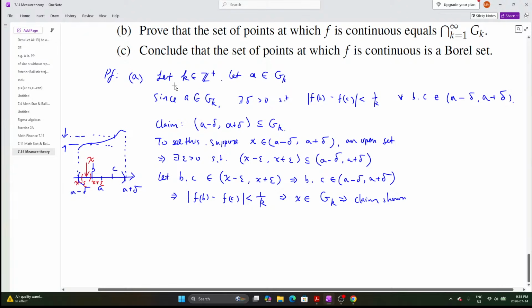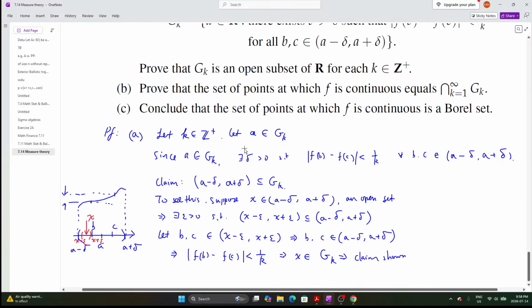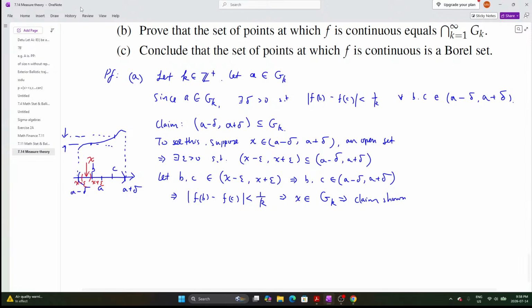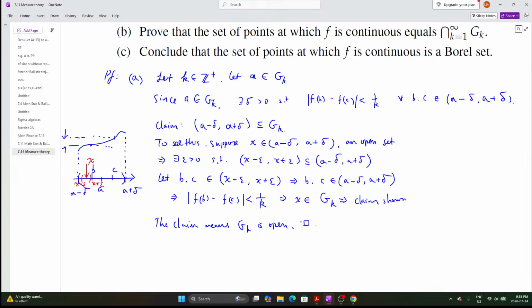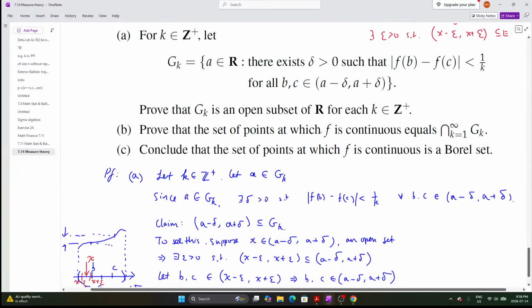So the conclusion is for every arbitrary k, if a is in G_k, then there exists a delta greater than 0 such that (a minus delta, a plus delta) is contained in G_k. So therefore G_k is open. The claim means G_k is open. And we're done. I want to prove that G_k is an open set, so we're done.